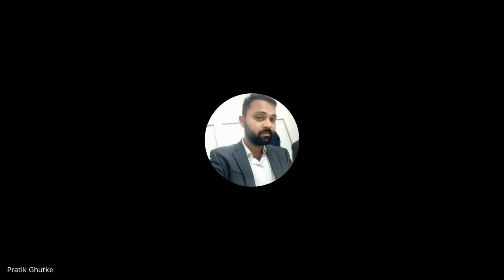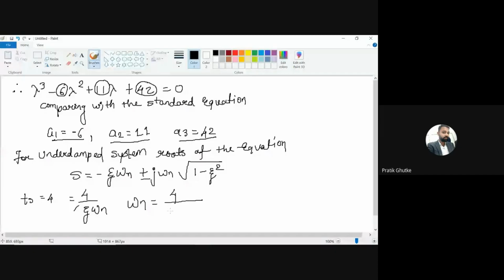So I can easily find out. They have given 4, so 4 equals to zeta omega n. And the omega n value I have to find. Omega n equals to 4 divided by 0.8 into 4, that is 1.25.